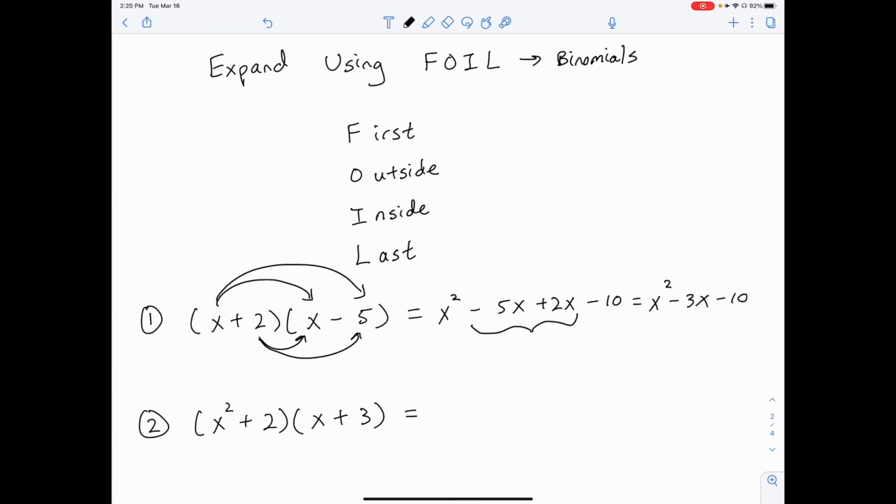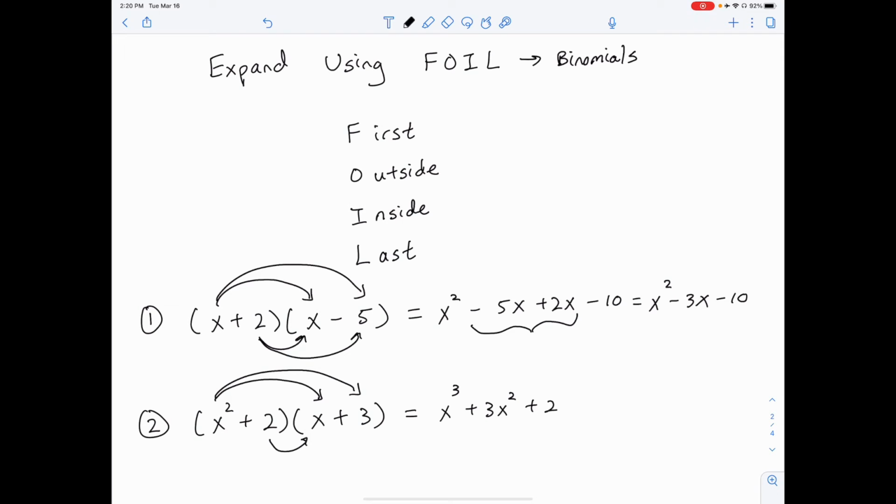We can now apply it to this example here, number 2, same thing. So again, first means the first two terms multiplied together. X squared times x gives us x cubed. Then outside, the most outer terms would be x squared times 3, which would give us plus 3x squared. Inside, meaning 2 times x, since they're the inside components.